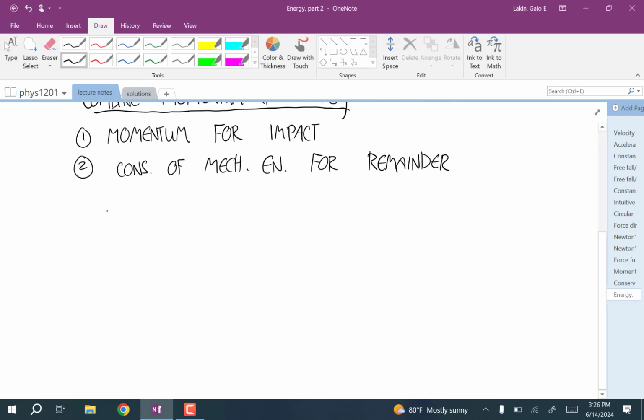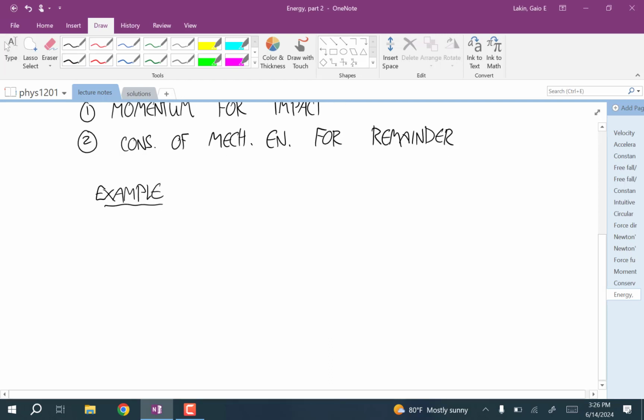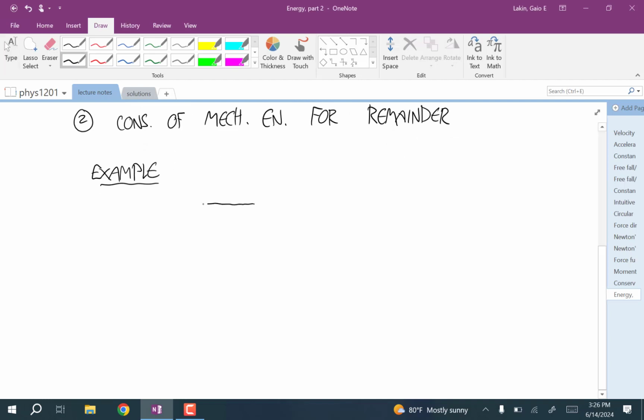Okay, so for the first example, let's imagine that there is a 2 kilogram mass hanging from the ceiling. And a bullet is fired into that mass.